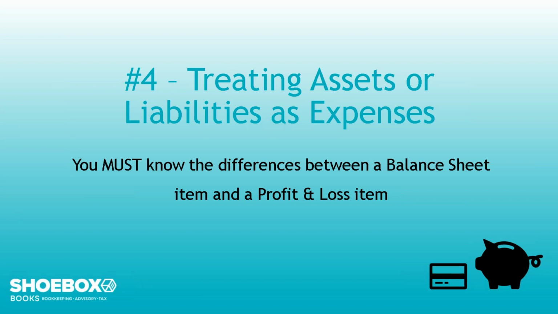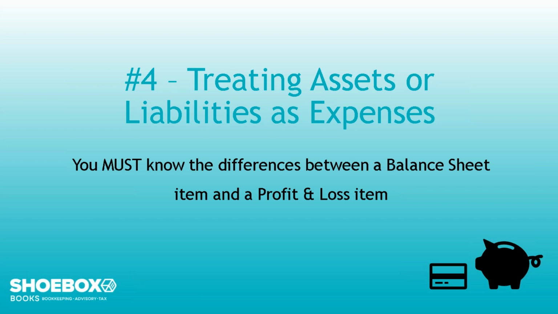So if you bought solar panels because you're an electrician and the solar panels cost $15,000, but then you're on-selling them, then that is not an asset. That's just materials. But if you're buying a car that's more than $1,000, then that is an asset because you're keeping it.